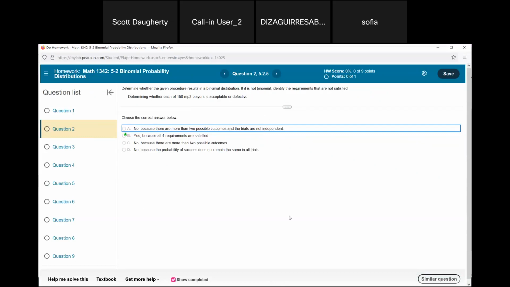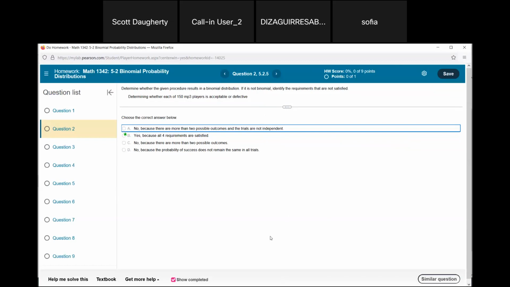If you look at the entire population of MP3 players, we're going to assume that the manufacturing process they have generates the same percentage of acceptable versus defective MP3 players. So let's say 1% are defective and 99% are acceptable. As long as that doesn't change, then the probability of success will remain the same. Success here, let's say, is acceptable and failure is defective. So the acceptance rate would always be 99% and the defective rate would always be 1%.